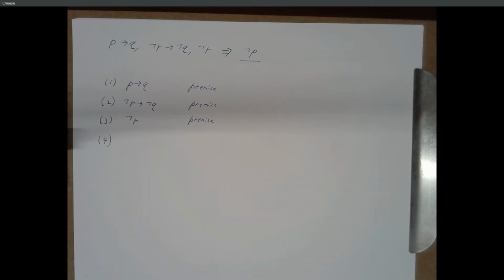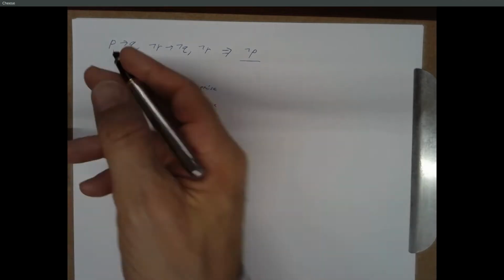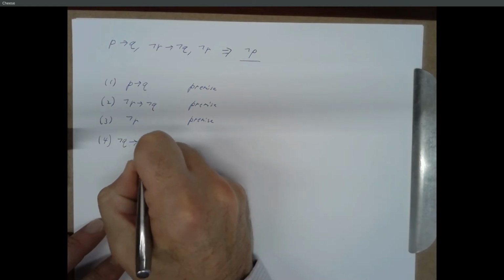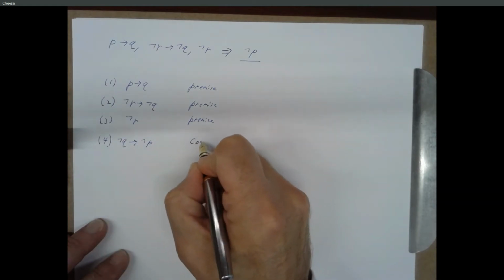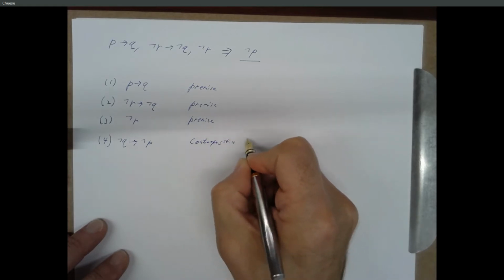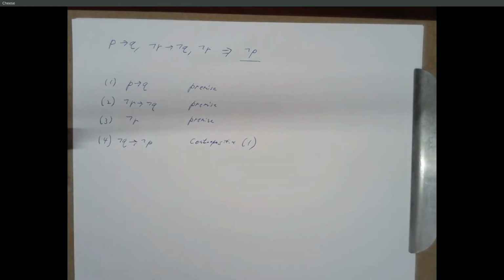So what's something we might do here? Good old contrapositive, right? Applied to this first thing will tell us not Q implies not P. That's a contrapositive of 1. What next? And there's multiple ways we can do this.